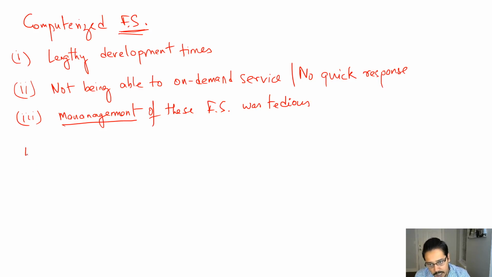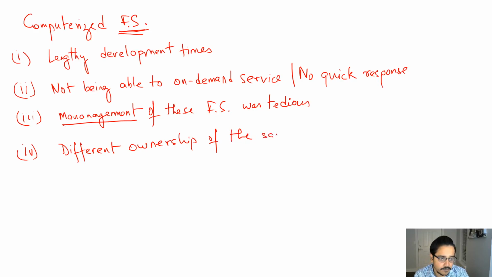The last part was that it had different ownership of the same set of files. So if you want to have a glimpse into this particular problem, think of an organization, right?